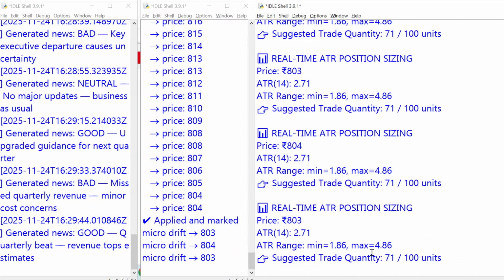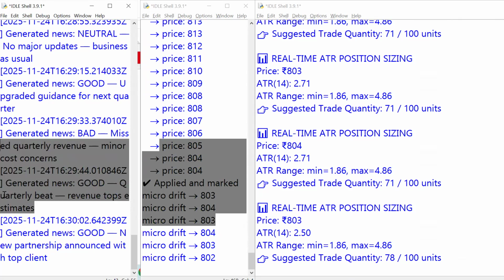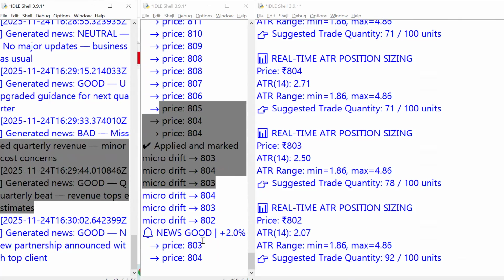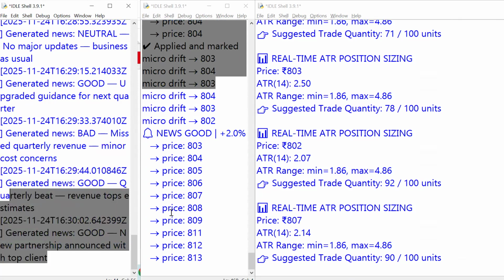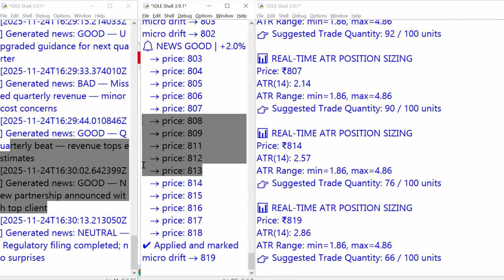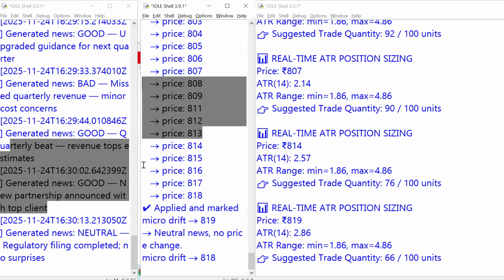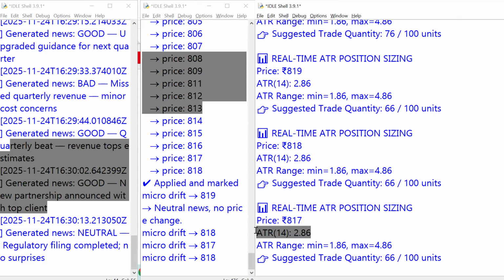See the beauty of the algo. The market is changing its price based on this news. The news is so random in nature that we have no control over it, but the price is reacting to the news, and based on this news we calculate the current ATR.